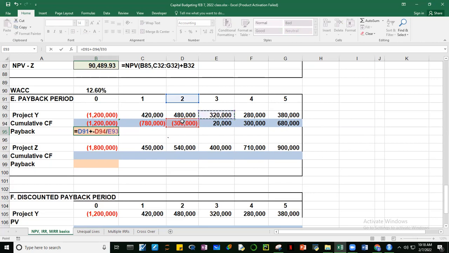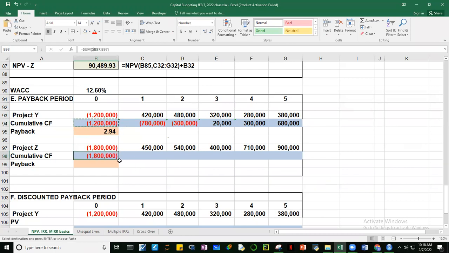So, pinaportion ko lang si 300,000 out of the 320 na makukuha natin at year 3. Control Enter. So, approximately 2.94 years, 2.9 years. That's the payback for project Y.